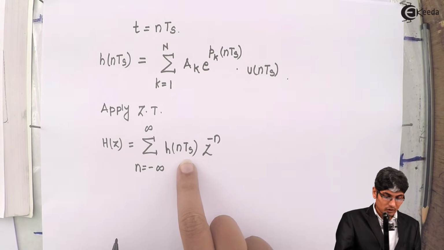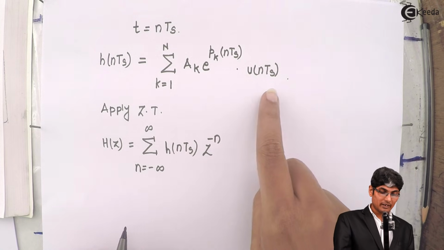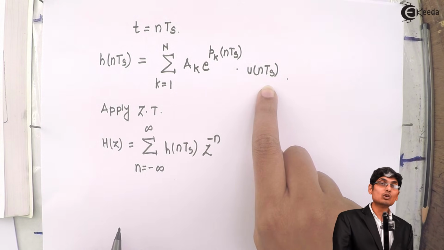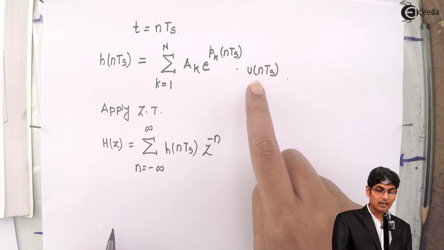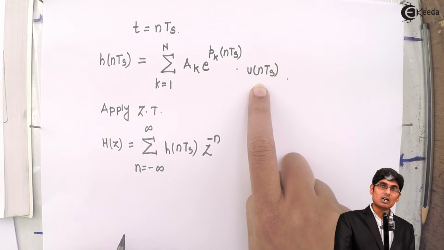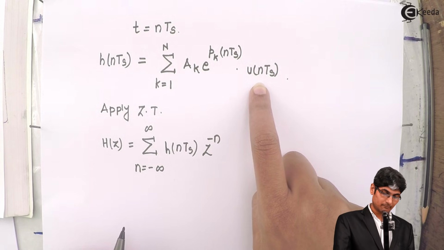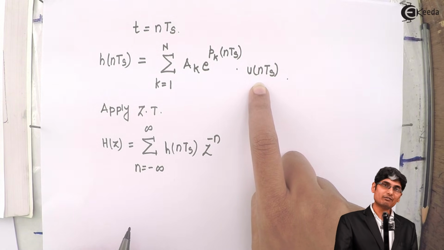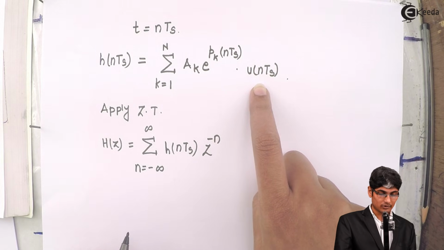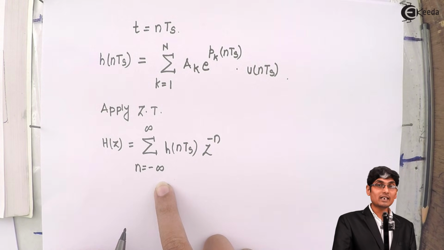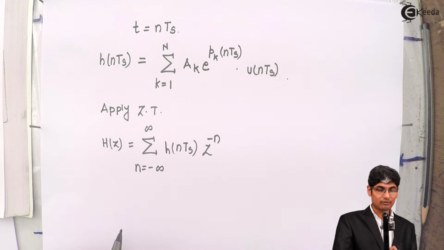Now, from h of nTs we can see that it is u of nTs, and u is a unit step function which starts from n equal to 0 and extends up to infinity. So this n will now be restricted from 0 to infinity.